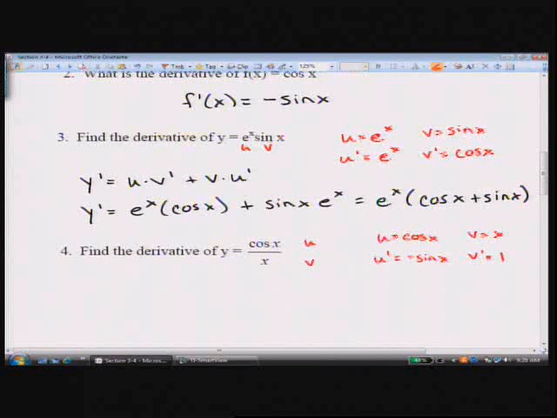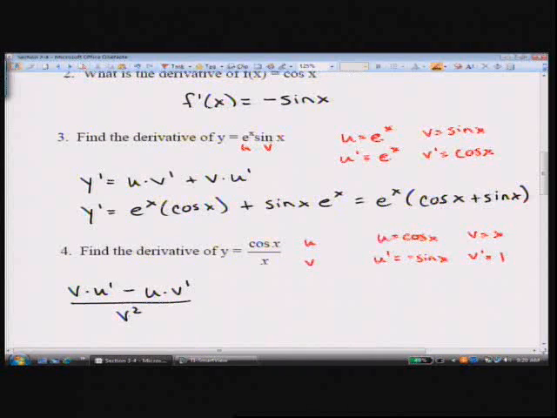Now, what is the quotient rule? It's low d high, so that's v times u prime, minus high d low, so that's u times v prime, all over low squared, which is v squared.